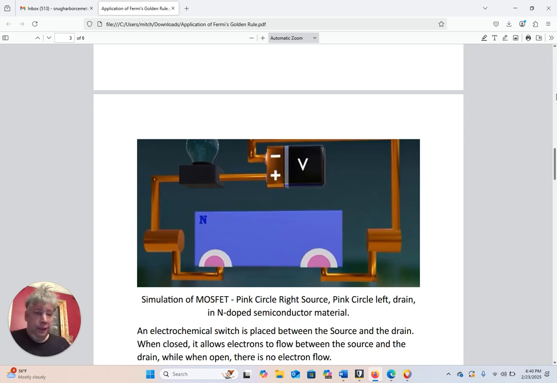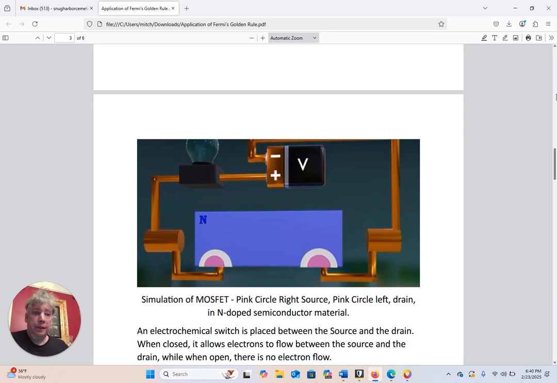A MOSFET has a semiconducting material which is either N or P doped, meaning we dope it with atoms, pentavalent or non-pentavalent, so you get negative or positive. The pink ovals are a source and a drain, and the electrons are going to move through the circuit from the source to the drain once we have a switch located in there.